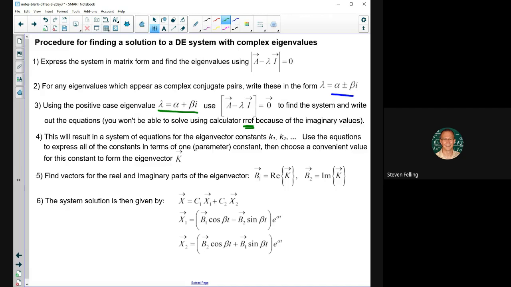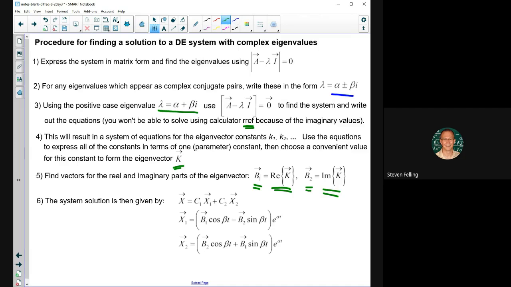Then we're going to find two other vectors from that eigenvector. We'll call one of them B1, the vector we get by taking just the real parts of the eigenvector K, and B2 is just the imaginary parts of the vector K. Then the system solution is given by this: X equals C1 times X1 plus C2 times X2.